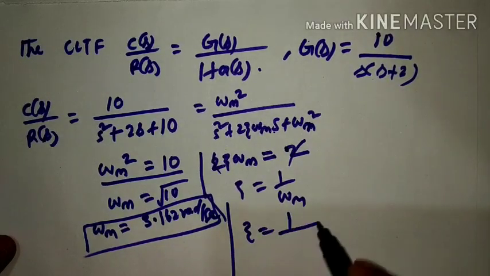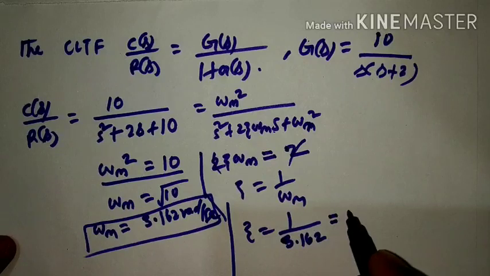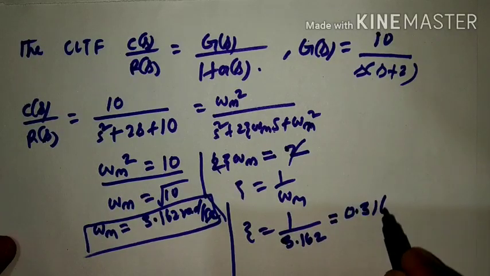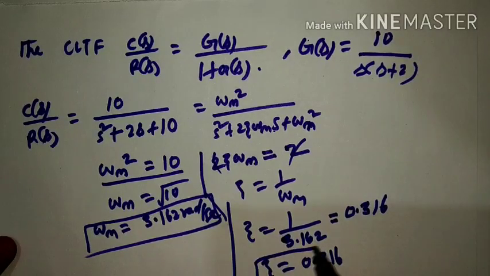Omega n is 3.162, so zeta you will get 0.316. So zeta is equal to 0.316.